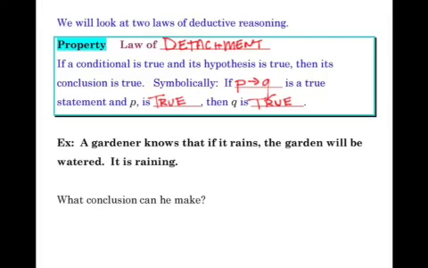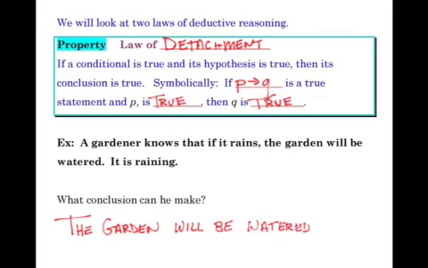So if a gardener knows that if it rains, the garden will be watered, and then we're given it's raining, what conclusion can he make? Well, he can conclude that the garden will be watered. It sounds obvious, but it's going to allow us to make statements. And sometimes it's hard to define what seems obvious or true in the everyday world.